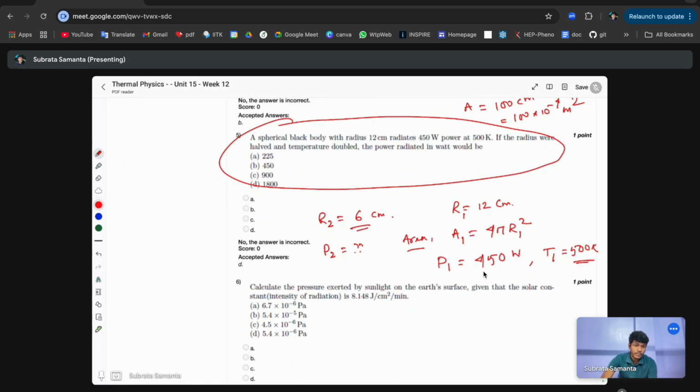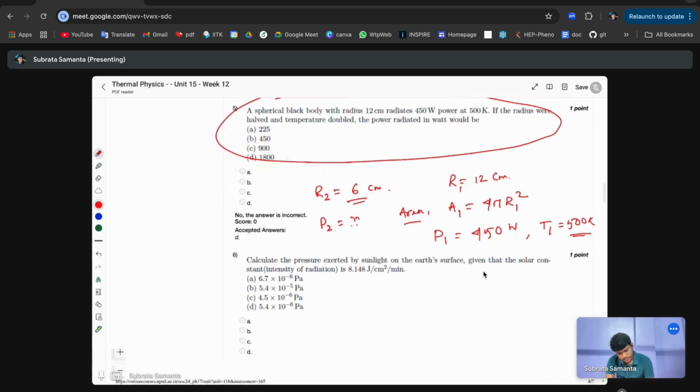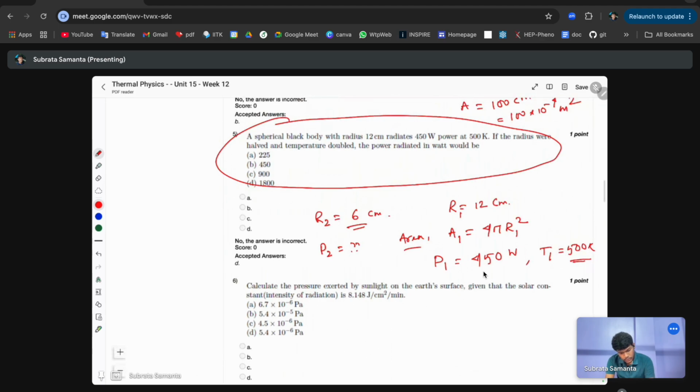So how to calculate? This is very easy. The radius of the black body is given, and also the power and the temperature. If the radius is halved and the temperature doubled, T2 is basically 2T1, and radius R2 is basically R1 over 2.